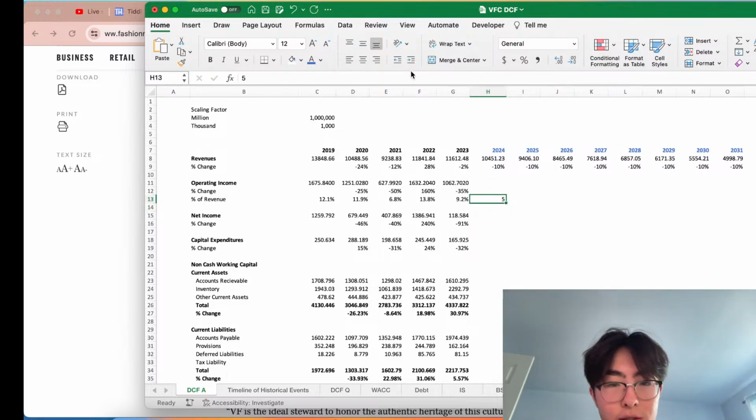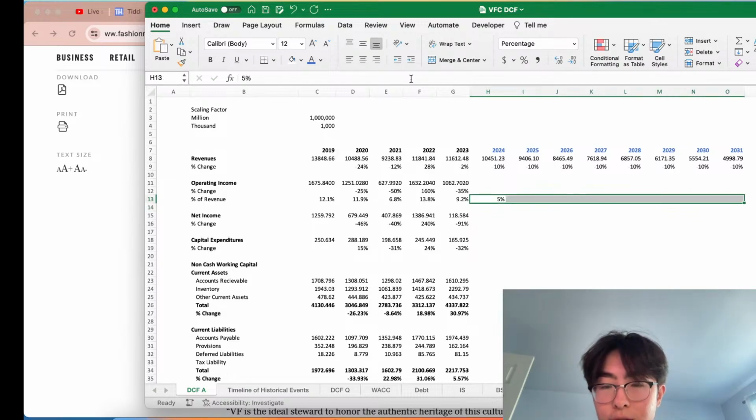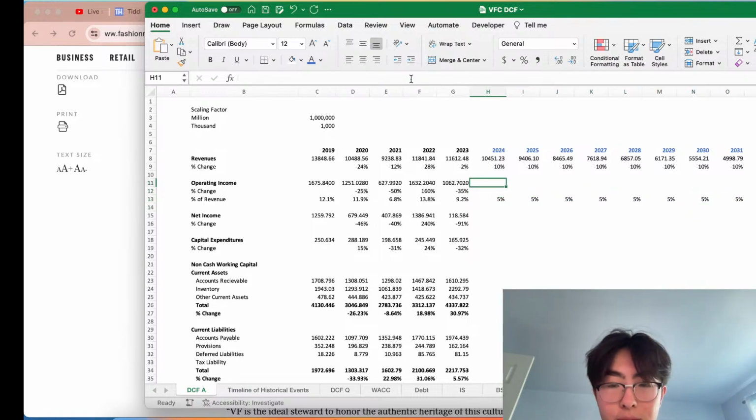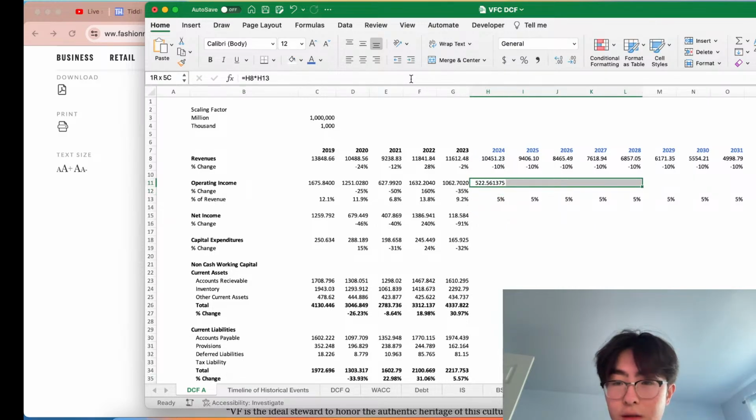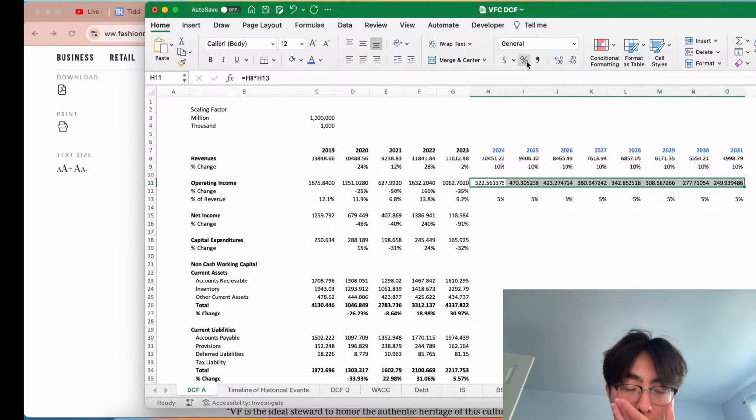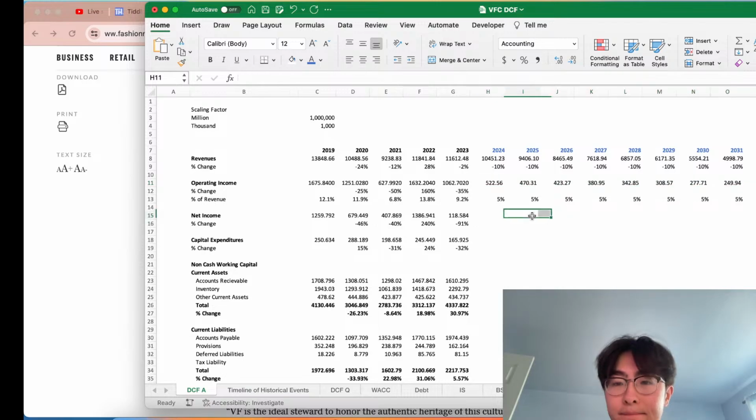So stay at 5%. Times 5%. Nice. All right, and then net income.